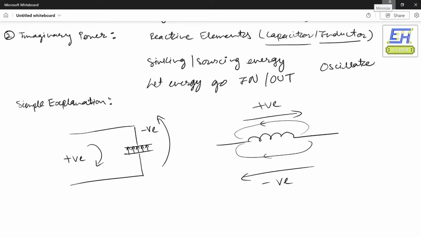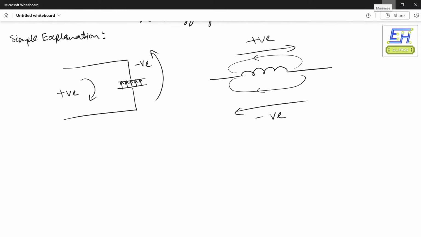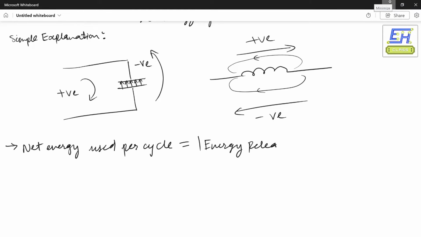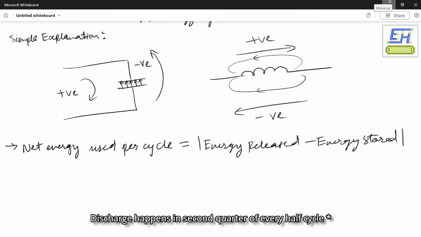So you see that overall, in a cycle of AC, the net energy used per cycle will be just the magnitude of energy released minus energy stored. During one cycle, it charges up, and then during the negative cycle, it discharges.